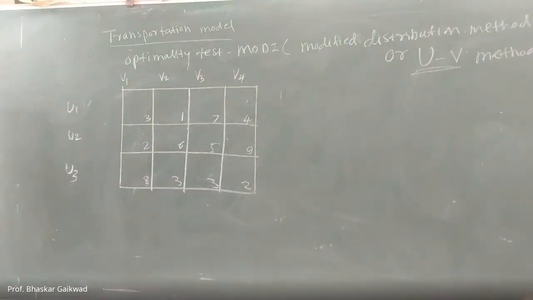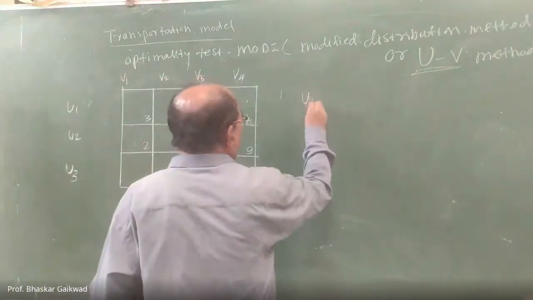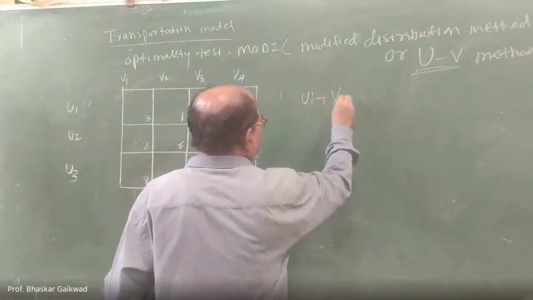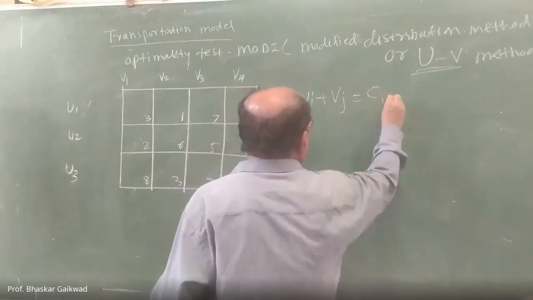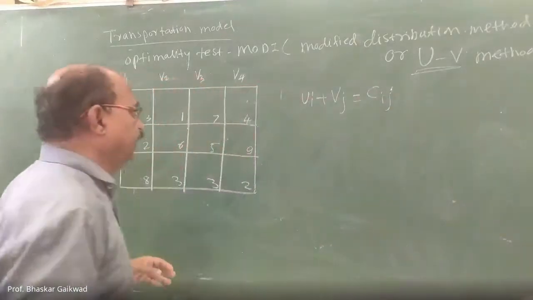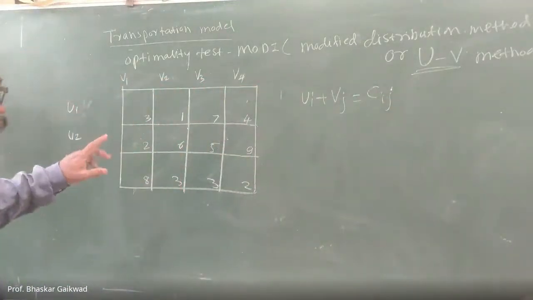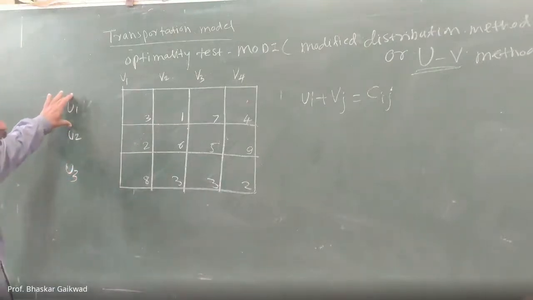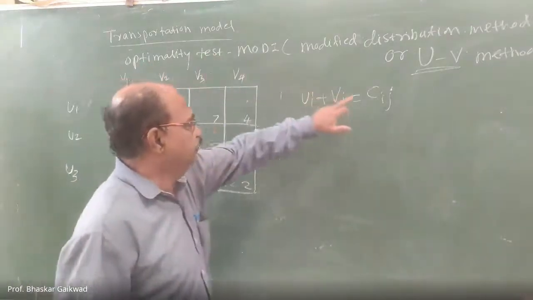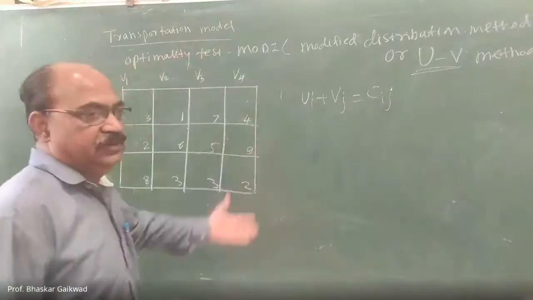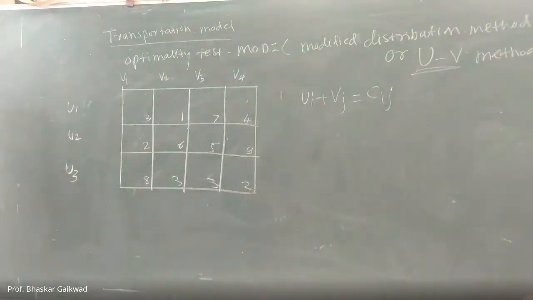Correct. Now, in this, we have to use the formula Ui plus Vj is equal to Cij. Cij means the allocated cell value; U means this, V means this, and Cij means the allocated cell's value. Allocated cell value that you have to take.